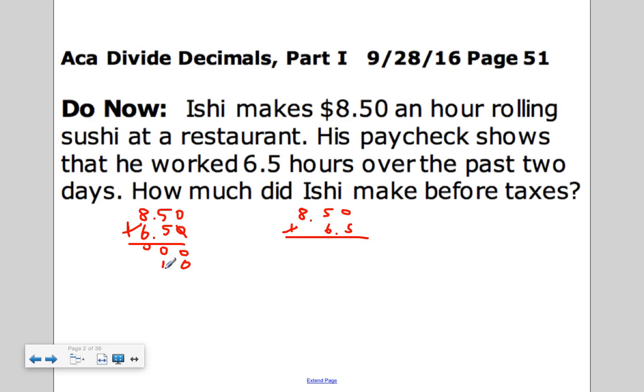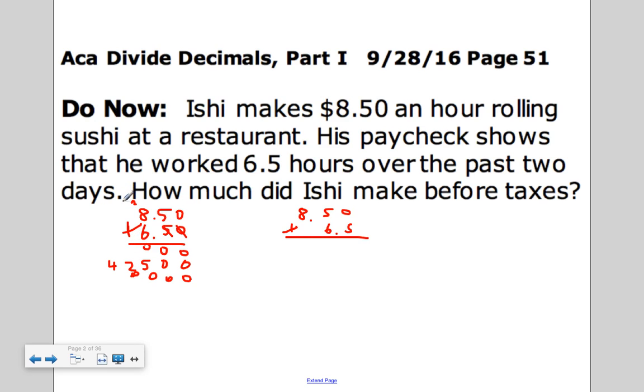5 times 0 is 0. 5 times 5 is 25. Carry the 2. 5 times 8 is 40 plus 2 is 42. Now I'm done with the tens place. I'm working with this one. And so I need to have 2 placeholders. 6 times 0 is 0. 6 times 5 is 30.